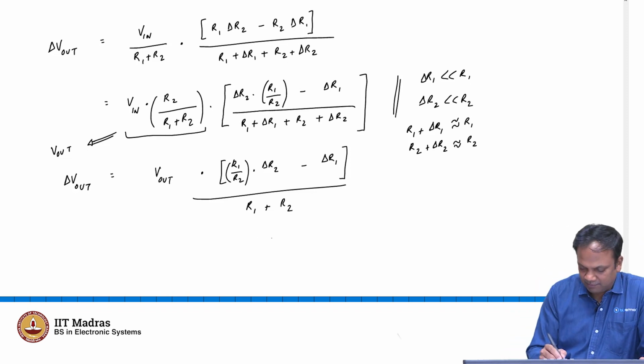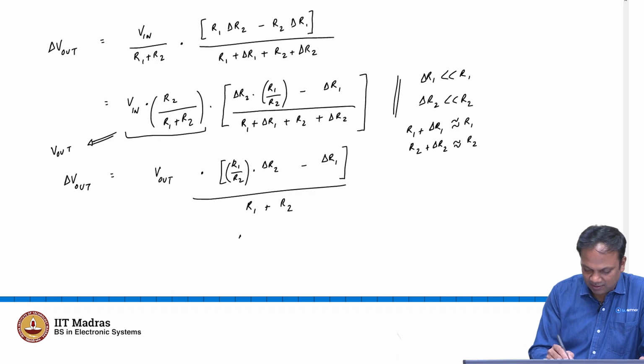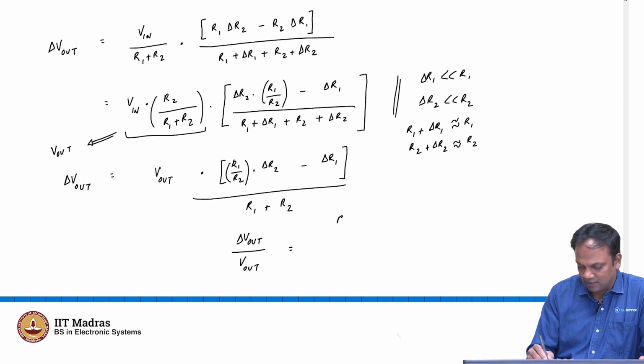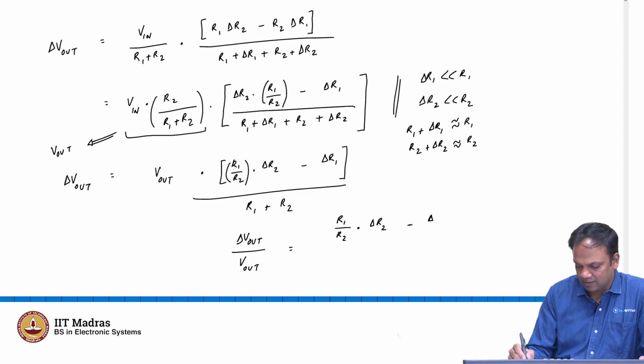So I am just going to center the final result here. We have delta V out by V out is R1 by R2 into delta R2 minus delta R1 divided by R1 plus R2.